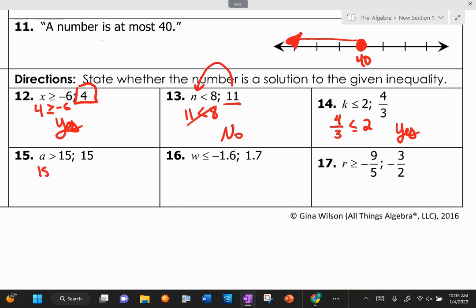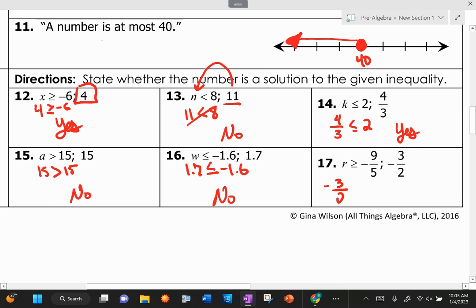Because if I plug in 15, it'd be 15 is greater than 15. Is 15 greater than 15? No. Then I plug in 1.7 is less than or equal to -1.6. Is that true? No. And then we take -3/2 is greater than or equal to -9/5. Is that true?